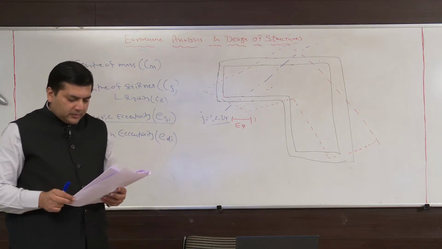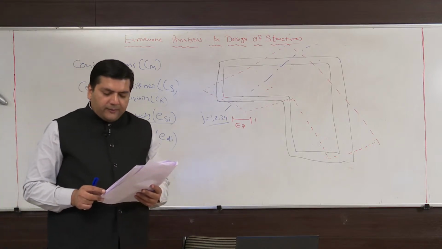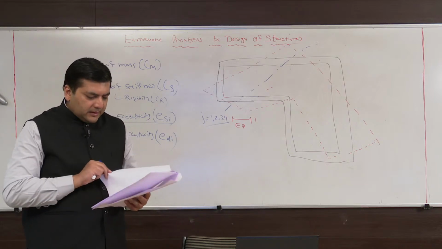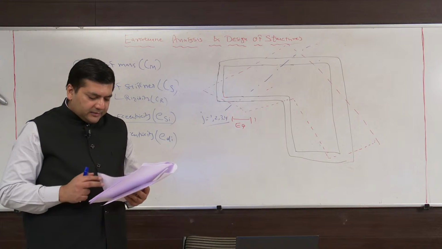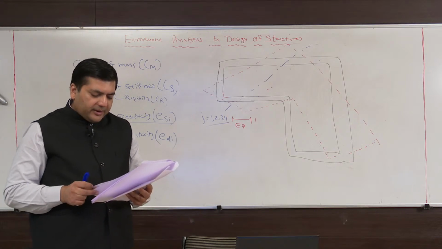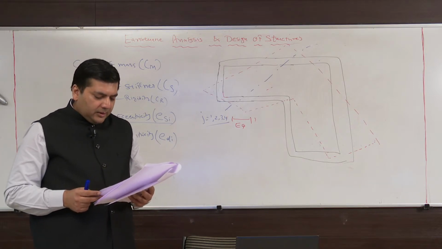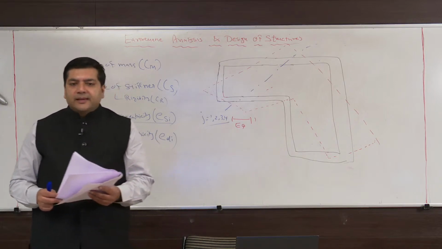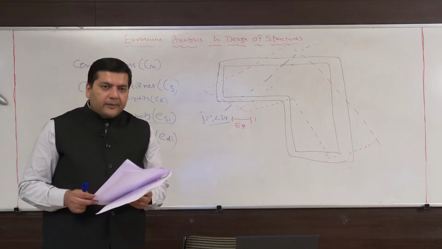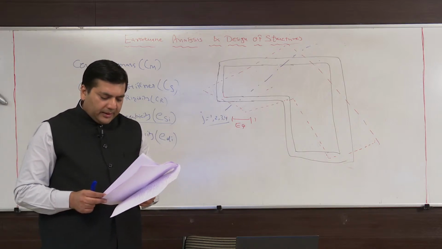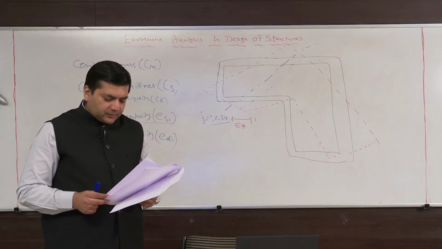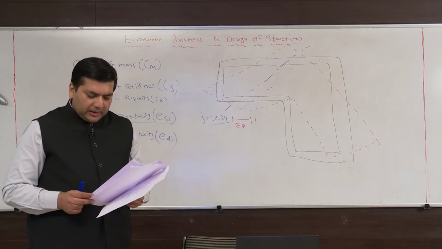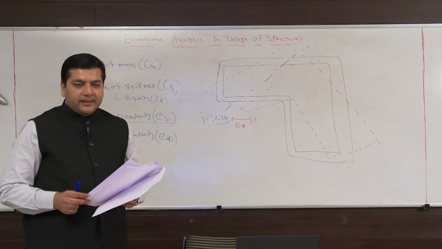Write down, it is the value of eccentricity to be used at floor I in torsion calculation for design.